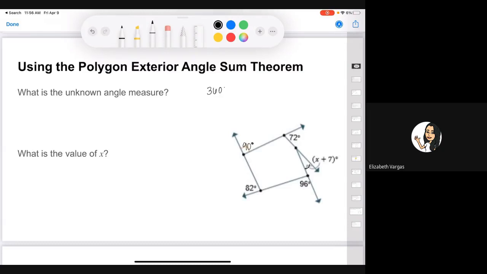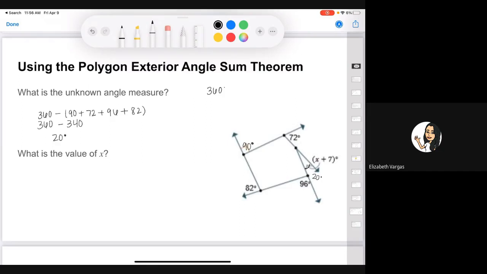So basically I could take 360 and subtract from it those angles that I already know. So 90 plus 72 plus 96 plus 82 is 340, and 360 minus 340 is 20. So that means that this missing angle has to equal 20.